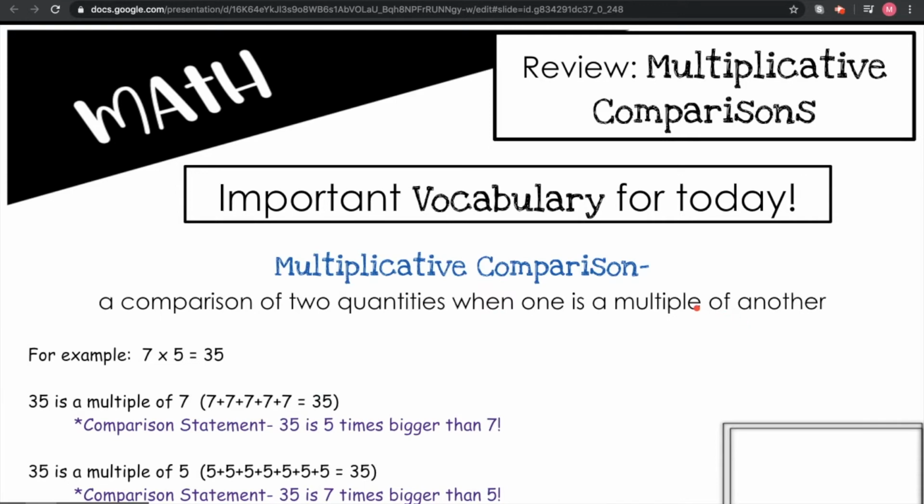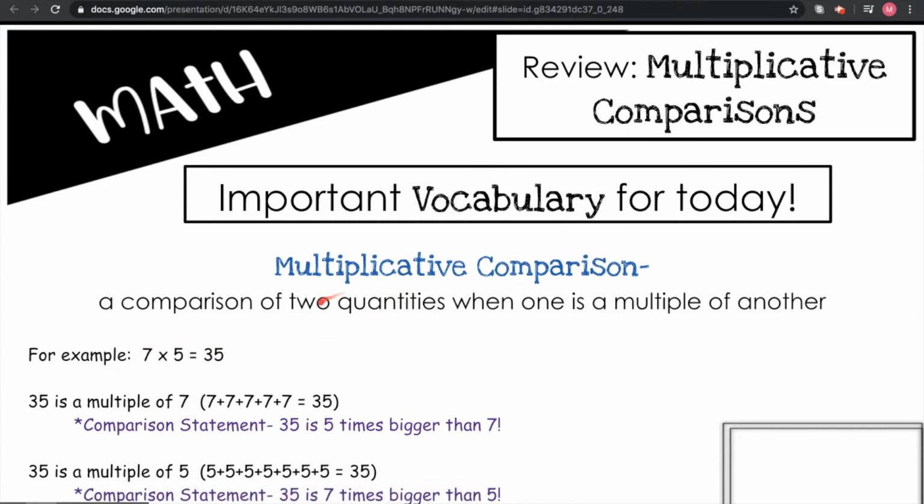Now, I know I said last, but this is the one I wanted to bring you together like I did yesterday. Multiplicative comparisons. It is a comparison of two quantities when one is a multiple of another. Like yesterday, I used your example of 7 times 5 is 35.